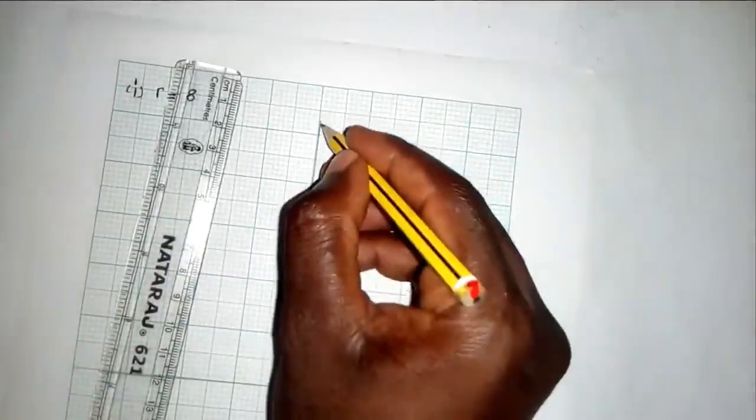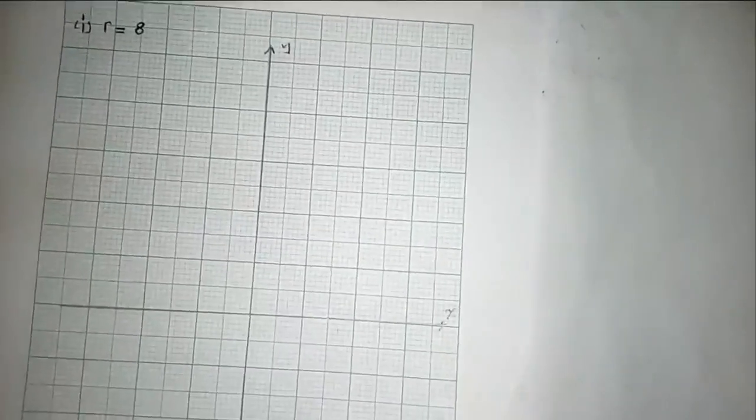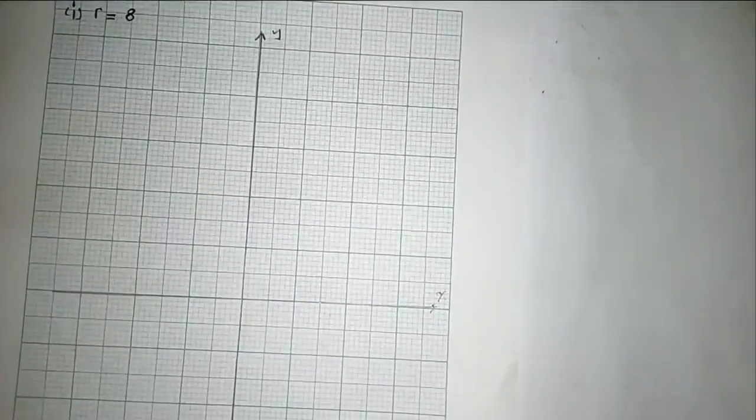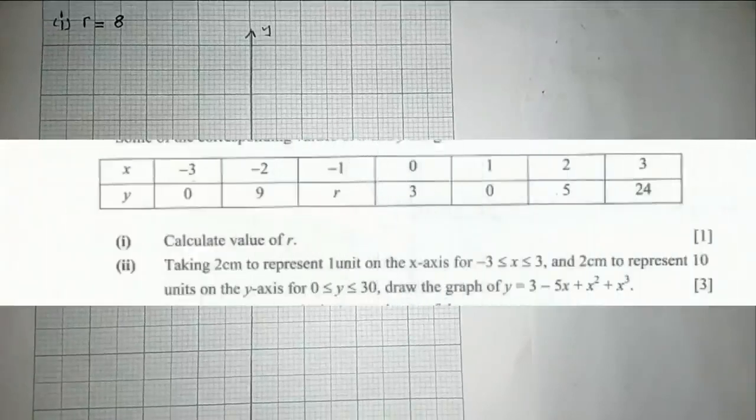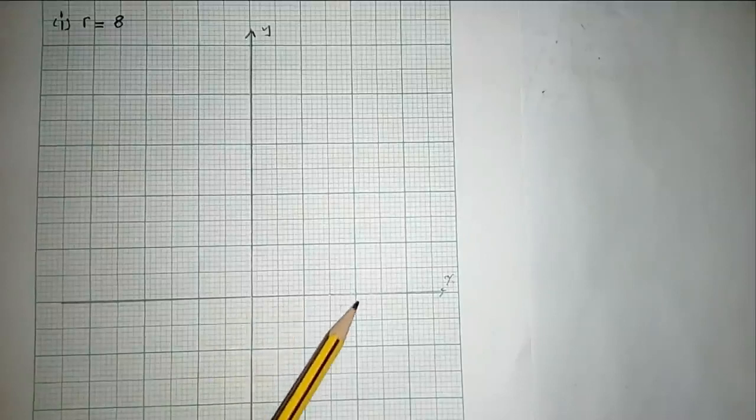Since we have this, we can now try to put the numbers down. There is a statement in the question which says, taking 2 centimeters, we know that this box from here to here is 2 centimeters. If you want, you can measure using your ruler.